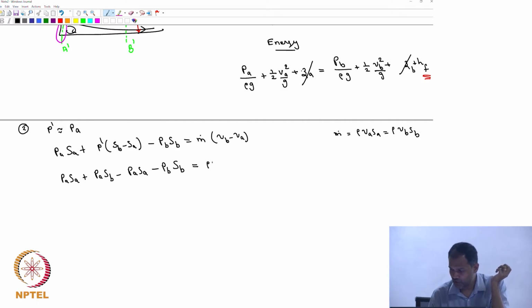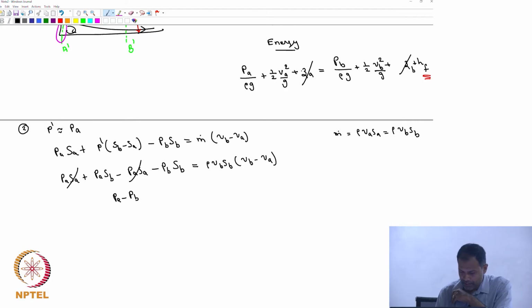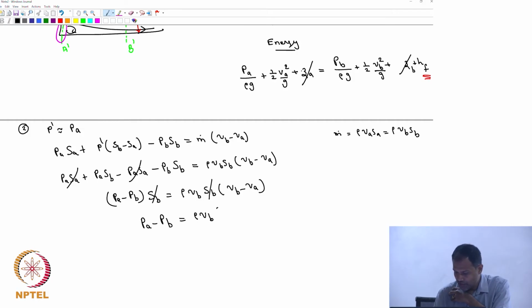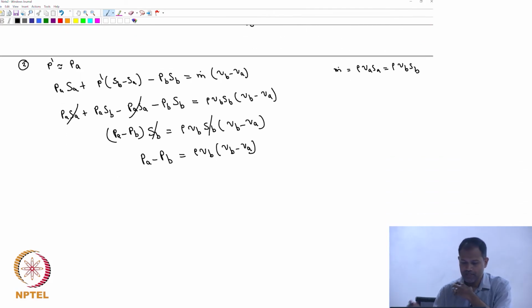So substituting rho VB SB: PA minus PB into SB is equal to rho VB SB into VB minus VA, or PA minus PB is equal to rho VB into VB minus VA. I just simplified the force balance.